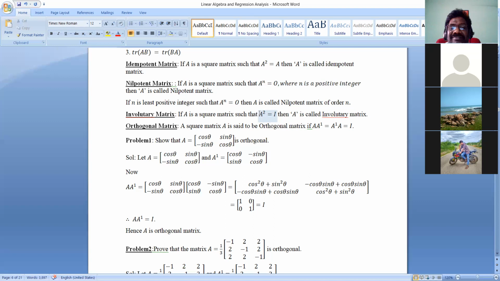So a square matrix is said to be orthogonal if A into A transpose equals A transpose into A equals I.